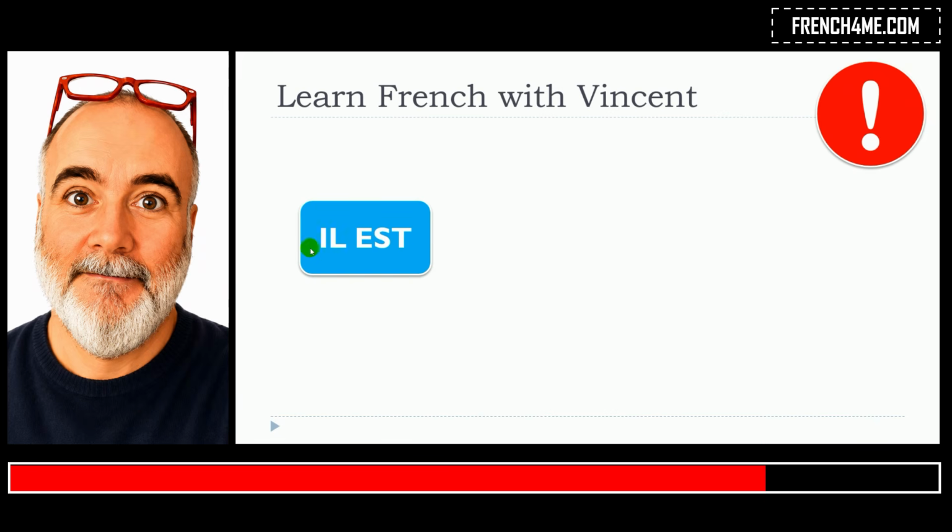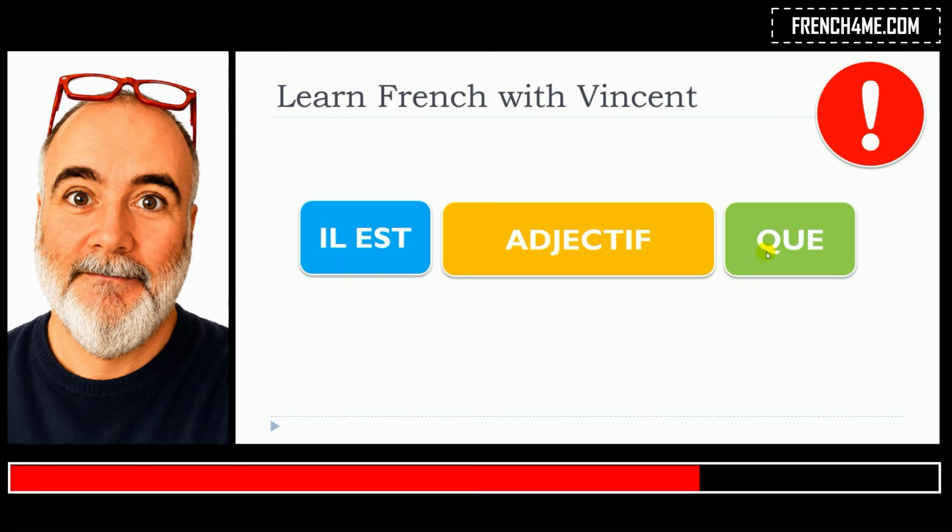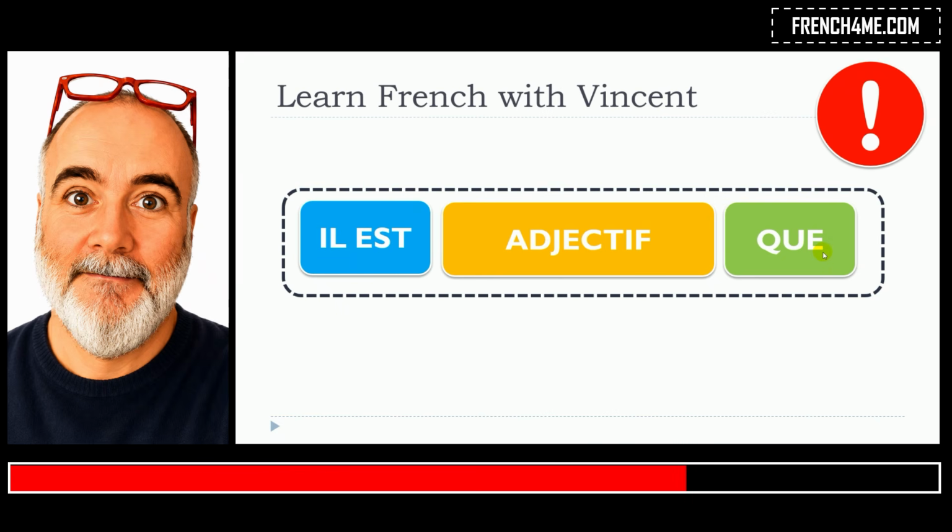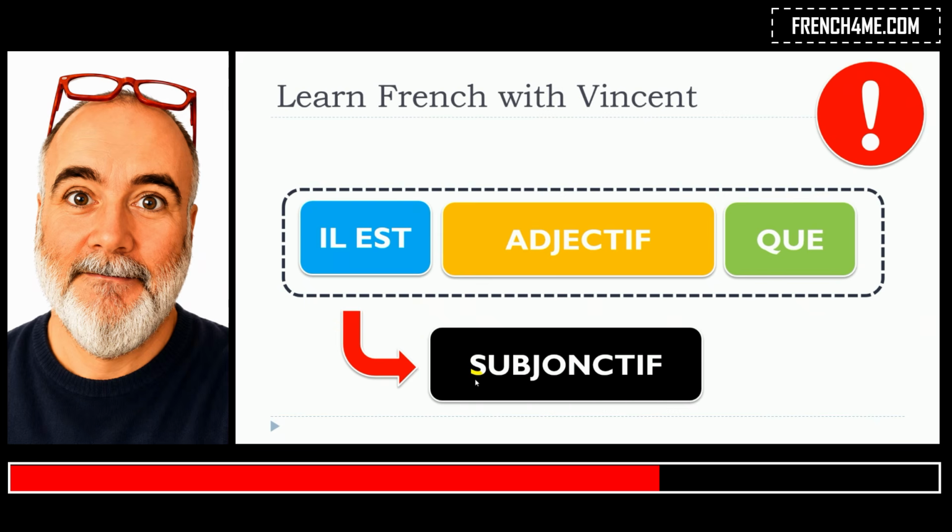Remember that in that case, il will stand for it and not for he. Then we will put the adjective, then que, and after all that, we will introduce the subjunctive. So it means that the verbs that will come after the structure will be in the subjunctive.